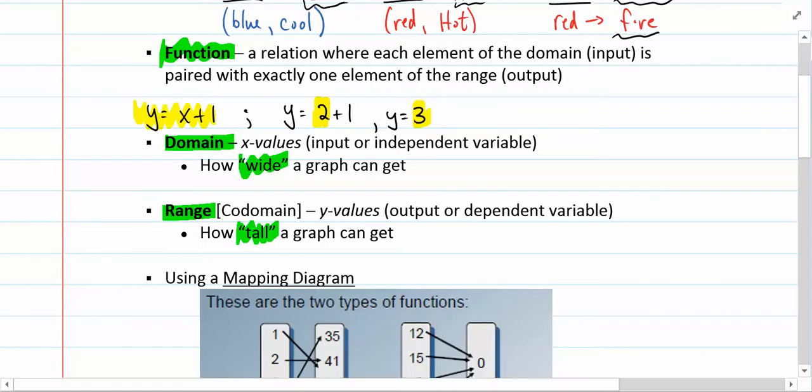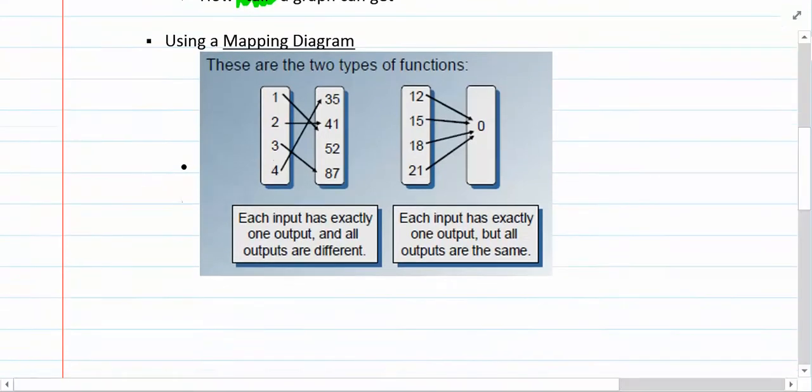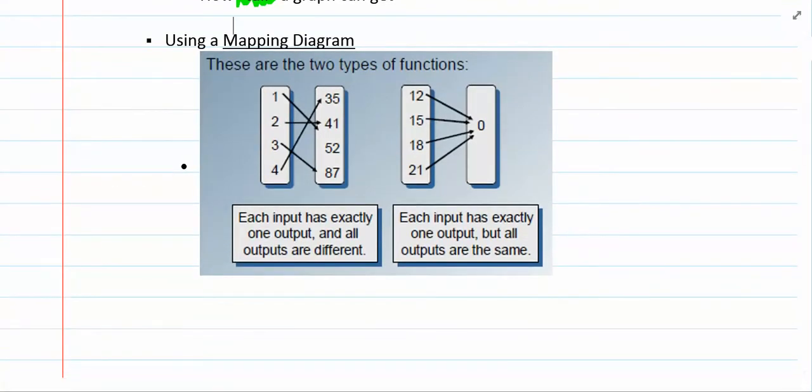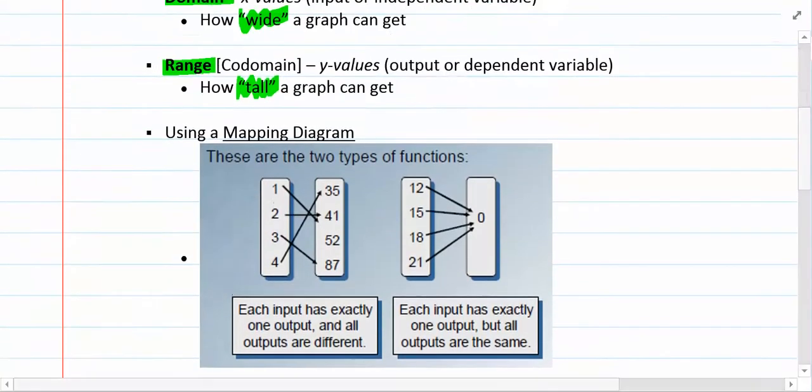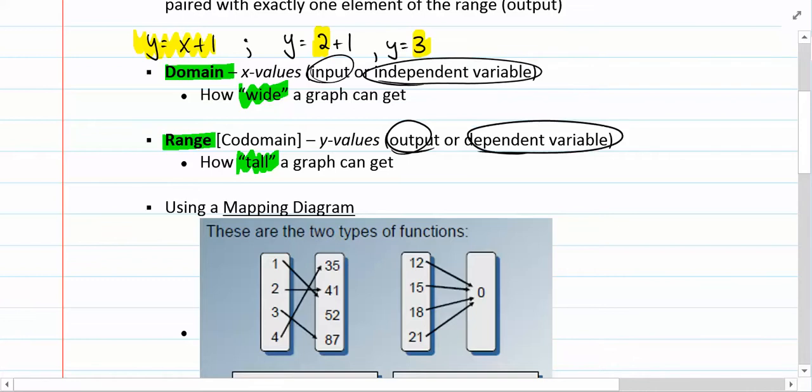Sometimes we use what's called a mapping diagram to show a function, whether it exists or not. Because we sometimes say that an input gets mapped to an output, or an independent variable gets mapped to a dependent variable. That's the direction that most functions operate.